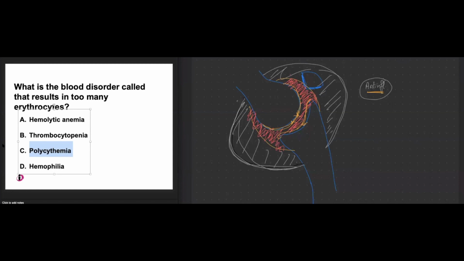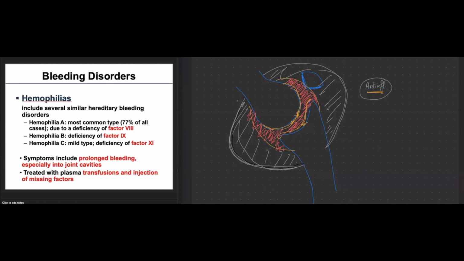We can be giving them transfusion of the missing coagulation factor to substitute for this deficiency. So you're going to be giving patients transfusion of factor 8, factor 9, or factor 11, according to the type of hemophilia. Those are either going to be extracted from blood donation, for example, or they might be produced in the lab.